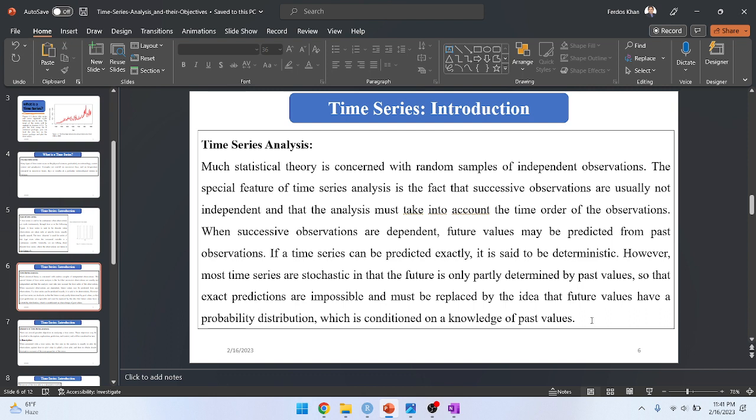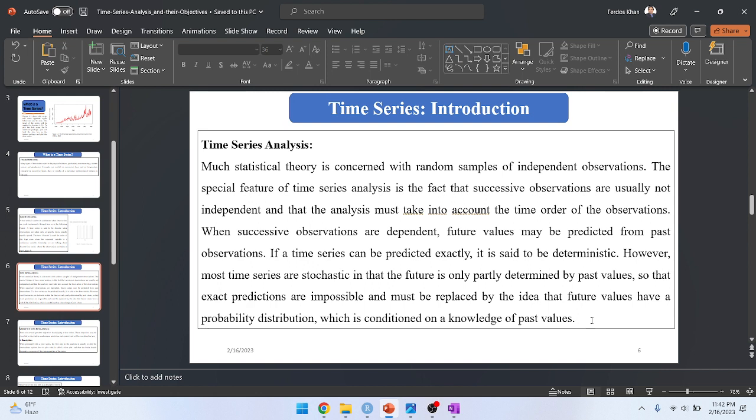Predicting a time series exactly is really difficult and very rare in real life, because there is always some uncertainty and some randomness.